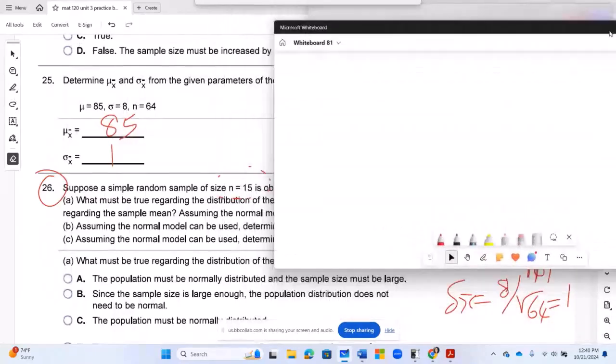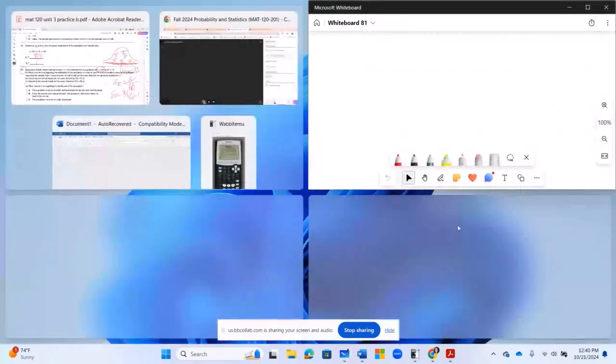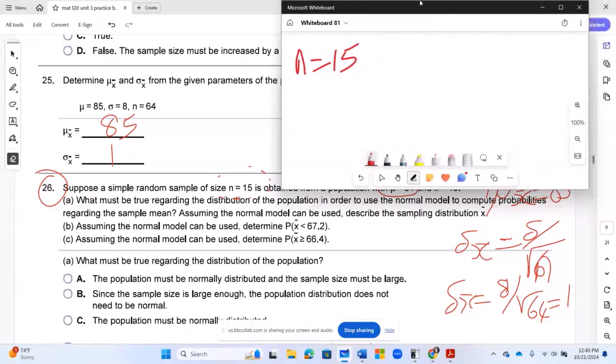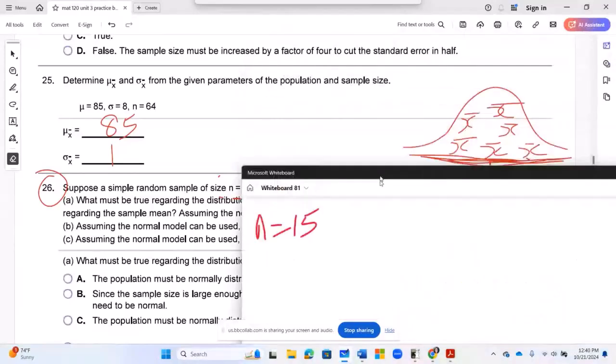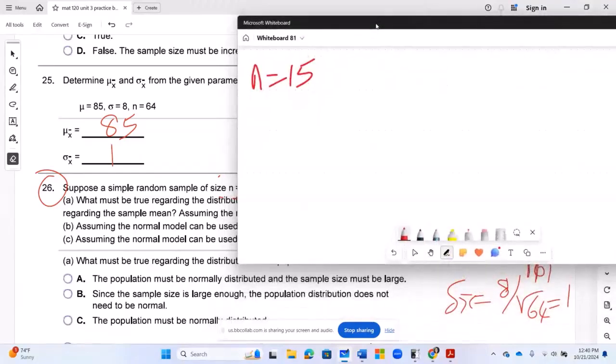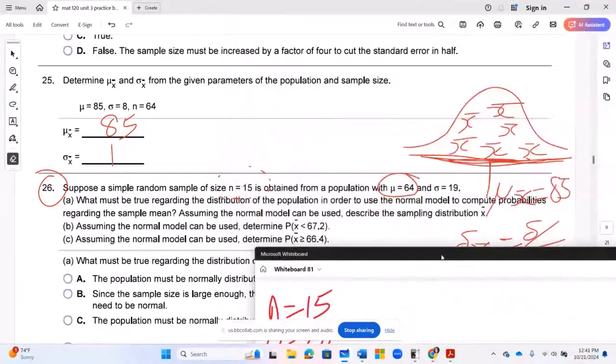All the things given to me are the sample size of the data, n equal to 15, the mean of the original data, 64, and the standard deviation of the original data, 19. Okay, and that's what we are given.